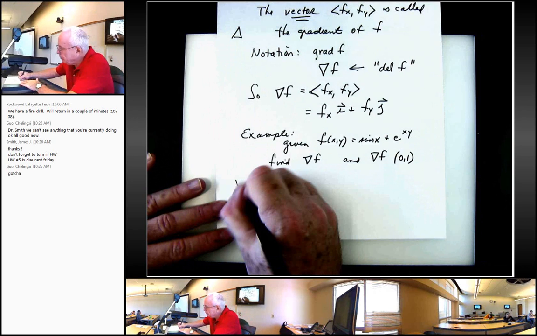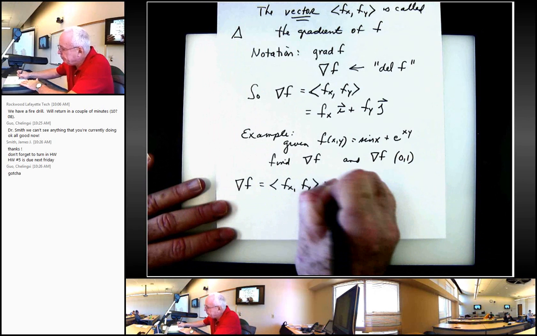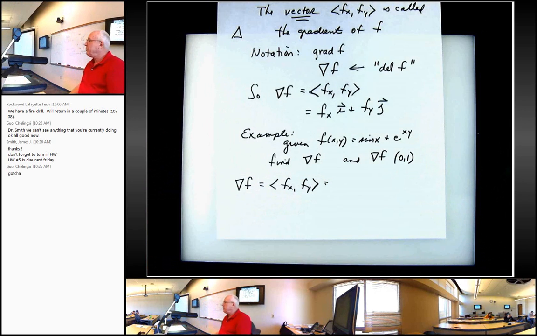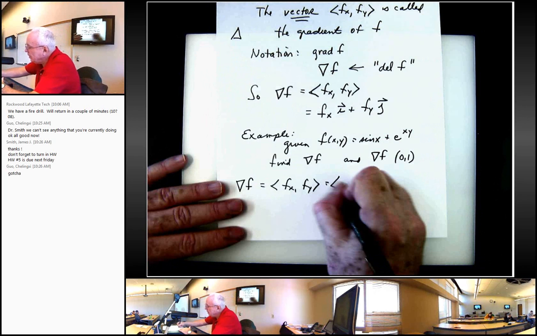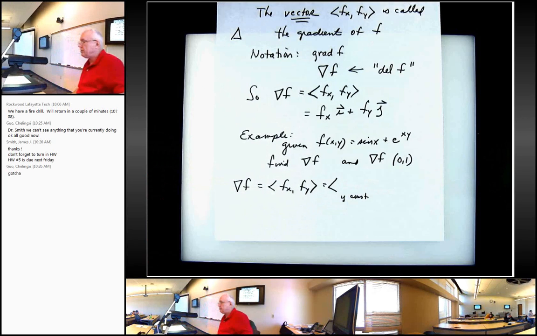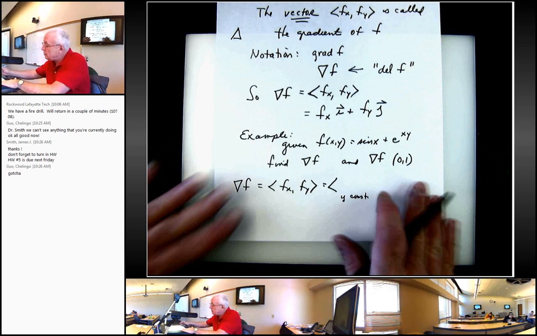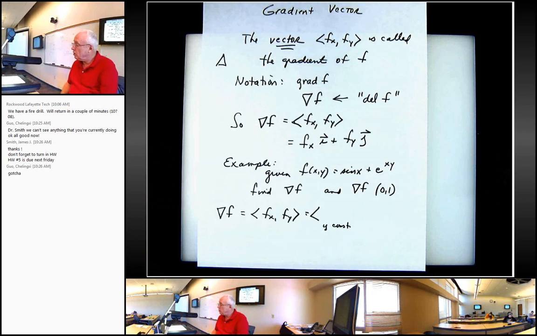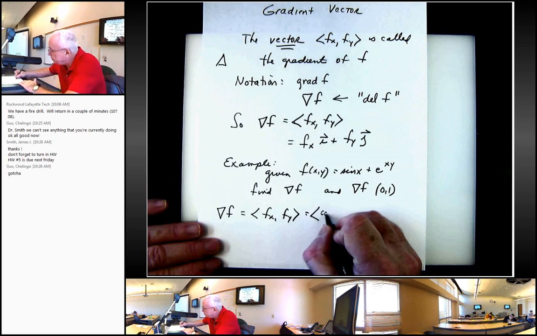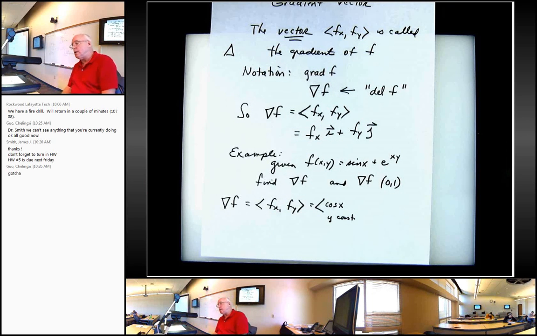So we know that the gradient is the fx, comma, the fy. So let's figure those out. For fx, y is constant. So we're going to do the derivative of the sine, which is the cosine. And then remember y is a constant up there.